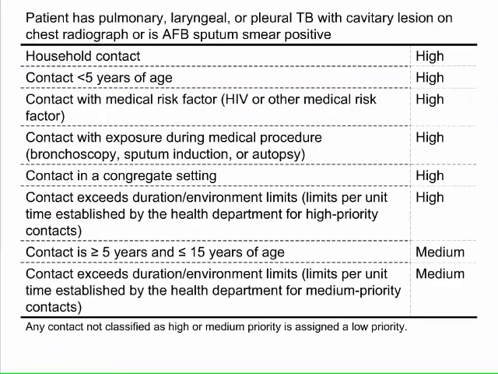I'm not going to go into detail, but in this table you see an example of how contacts are classified according to priorities. The high priorities and the medium priorities are the contacts that should be evaluated first.